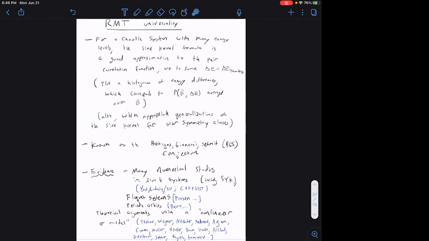If you take a chaotic system and find its energy levels numerically, and plot a histogram of the spacings, you should see the sine kernel shape emerging quantitatively. It's not just the eigenvalue repulsion and peaks, it's the exact sine kernel shape you should find. That's a pretty strong statement.